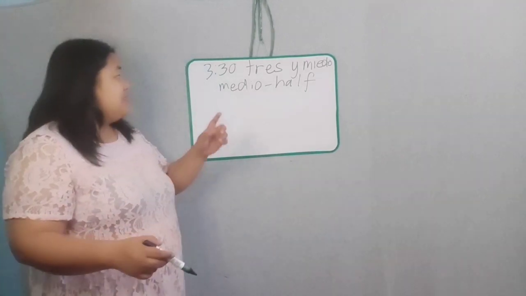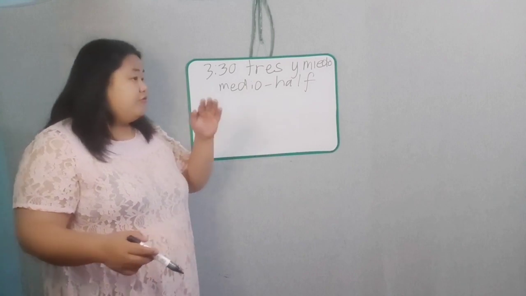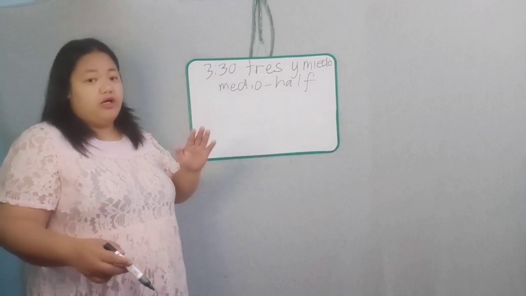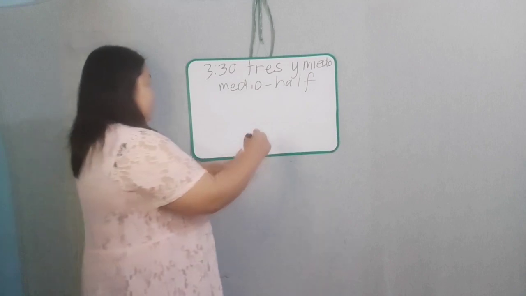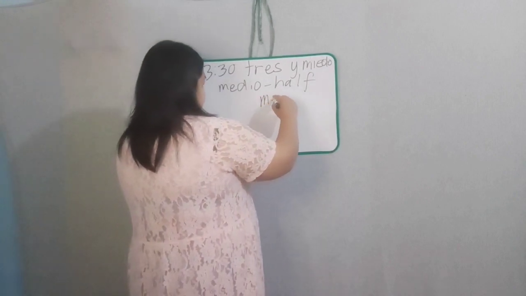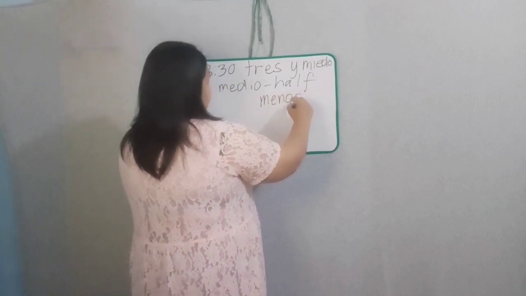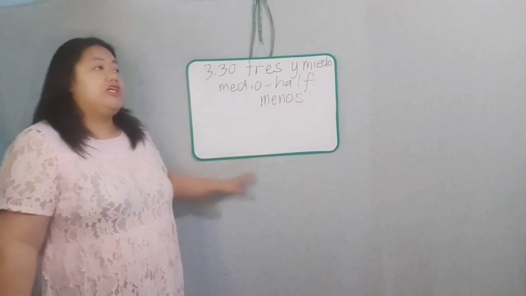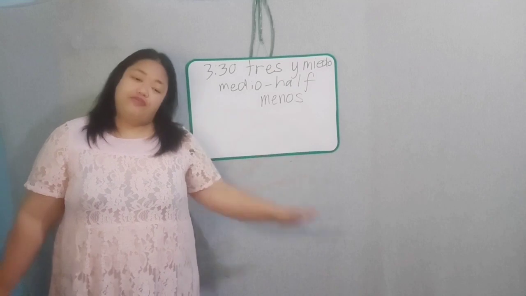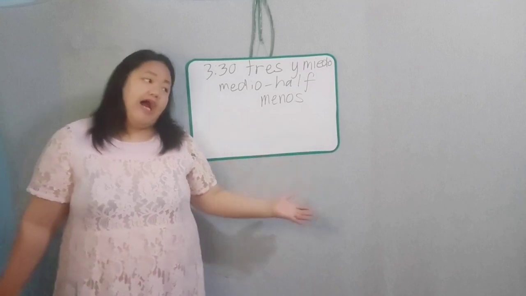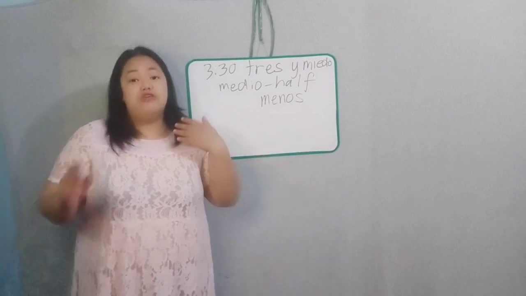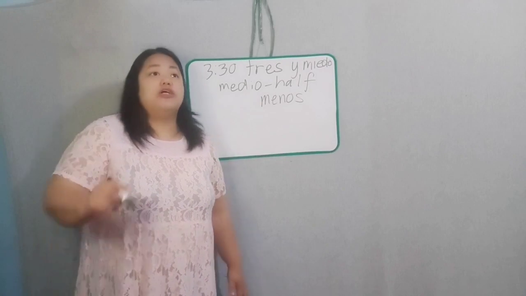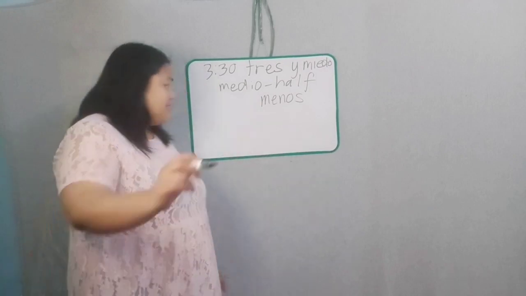Now, if you're past the 30-minute mark, what you do is you say menos. Because it's minus. In English, you would say it's 4:45, 10 minutes to 5. That's how you say it in Spanish. You're gonna minus what's left. So example.